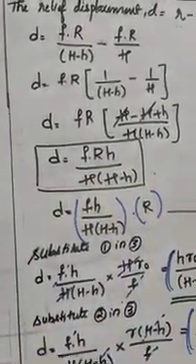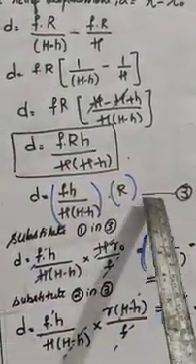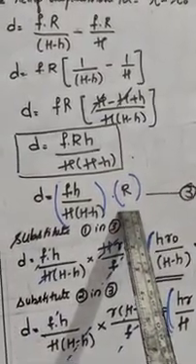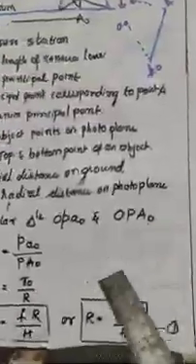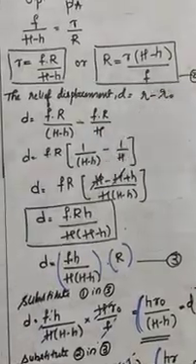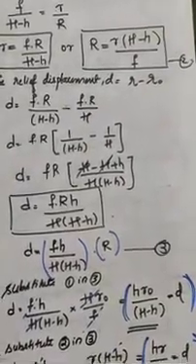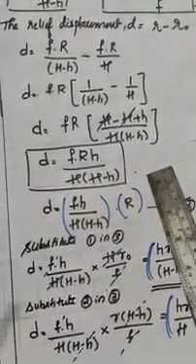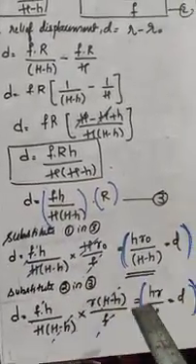Why have I taken it out? We have found equation 1 and equation 2 values for capital R. You can see this is a capital R value which is taken as equation 1, and this is one more capital R value which is taken as equation 2. Now for this equation 3, we are substituting both equations 1 and 2 and getting the final value.